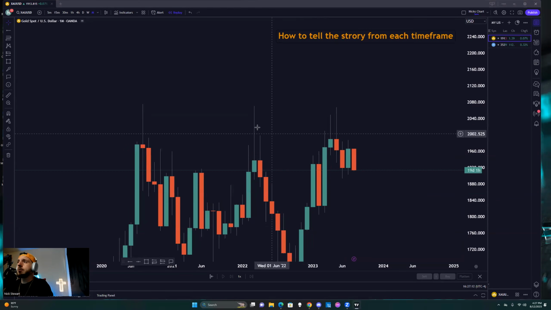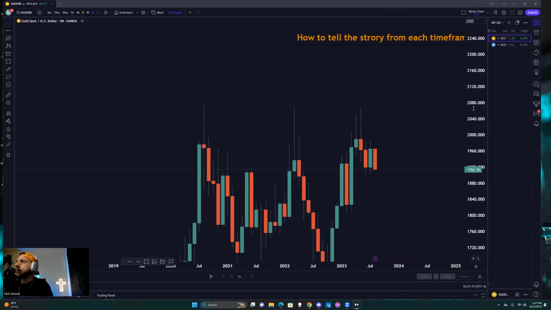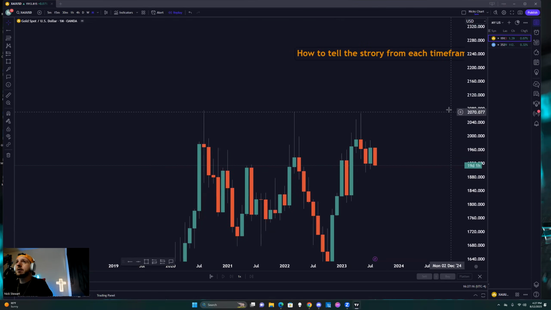And what I always like to tell people is when we're looking at these charts and going from time frame to time frame, it's almost like each time frame is a chapter in a book. Some of you guys have read mystery books and books about how to figure out crimes. This is pretty much the way I like to look at doing a top-down analysis.